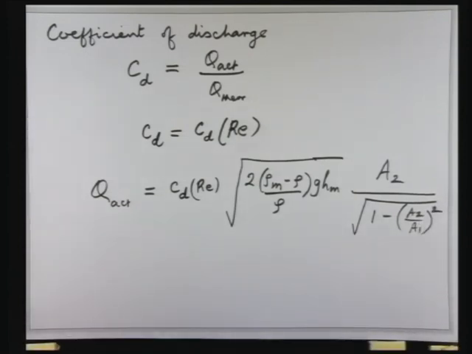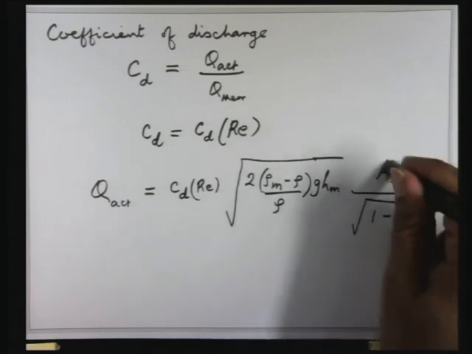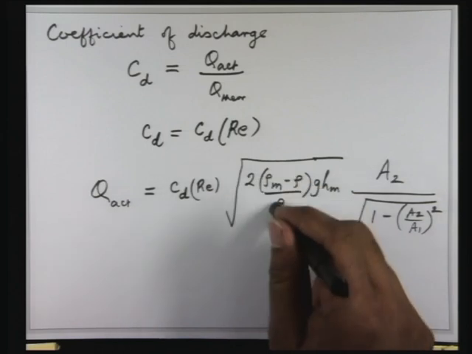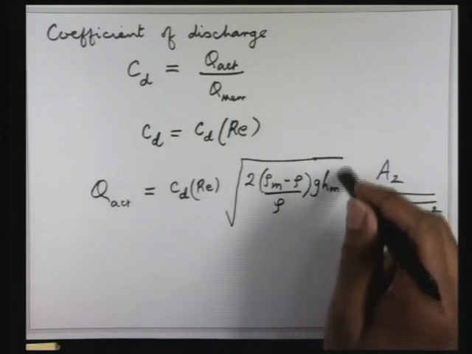Okay. Now the geometry is known, so you know what is A2, you know what is the ratio A2 by A1, you know rho_m, rho, g. So h_m is what you will measure in the lab.